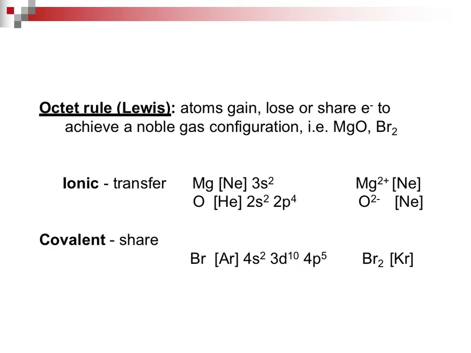So this brings to mind, as we talk about Lewis, he also had something called the Octet Rule. There's a lot of history behind it, but I don't want it to clutter what we need to accomplish. We know that atoms are going to gain or lose or share electrons in order to get a noble gas configuration.